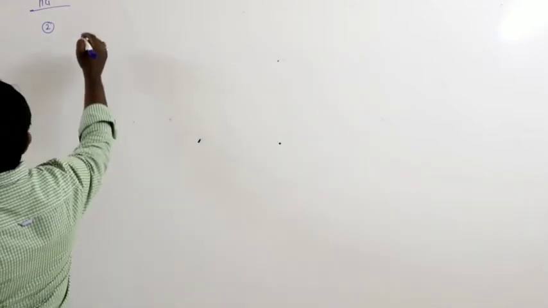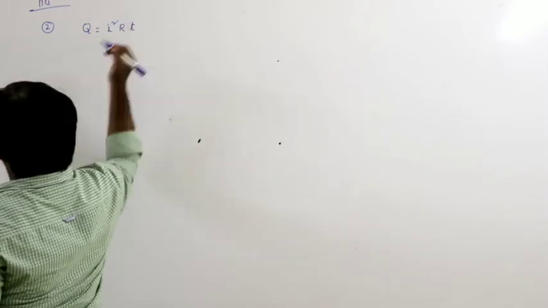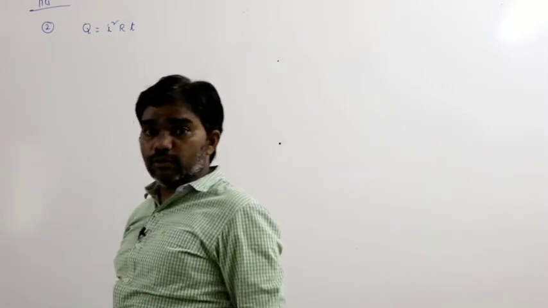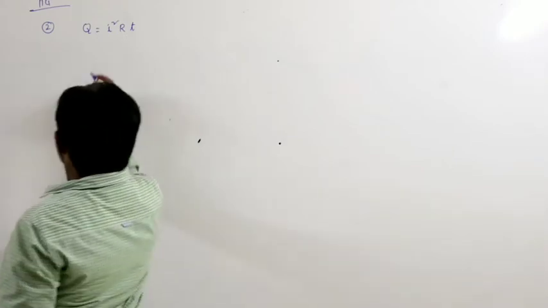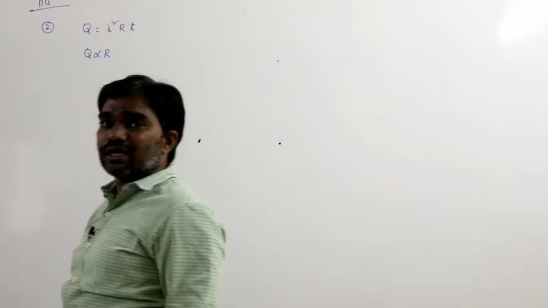So by the Joule heating effect, the amount of heat produced can be written as I square RT. So here Q is proportional to R only, it does not depend on mass.